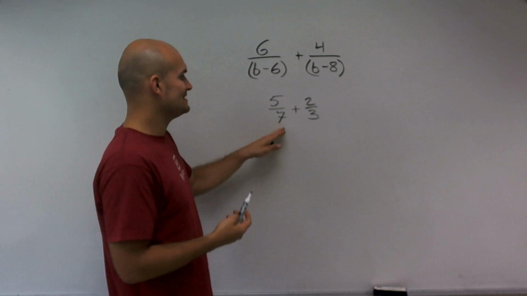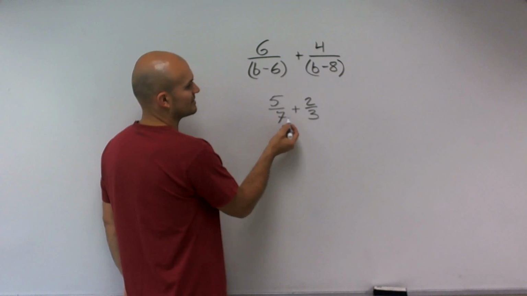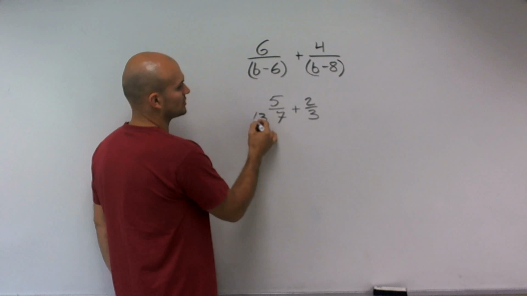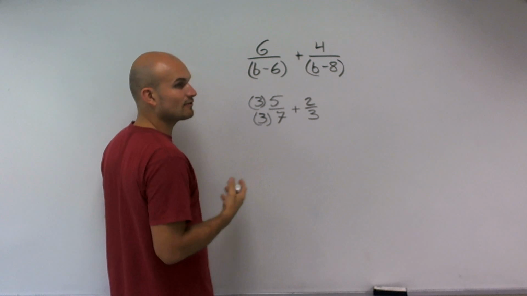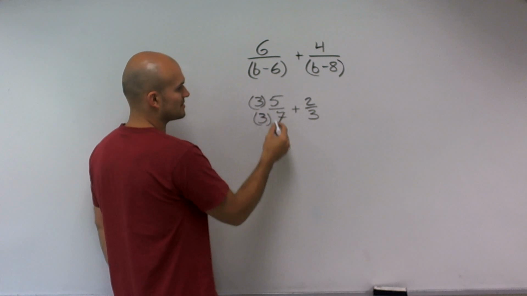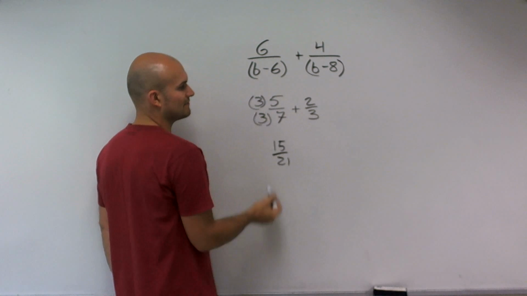That means I need to get both of these denominators to be 21. To get 7 to be 21, I need to multiply by 3. But you need to make sure you multiply the top and the bottom to keep your fractions equivalent, because 15 over 21 is equivalent to 5/7.